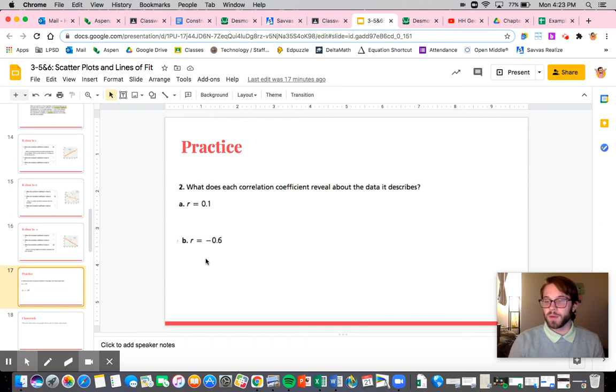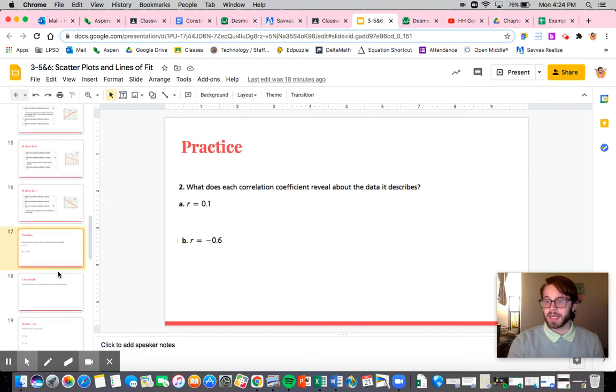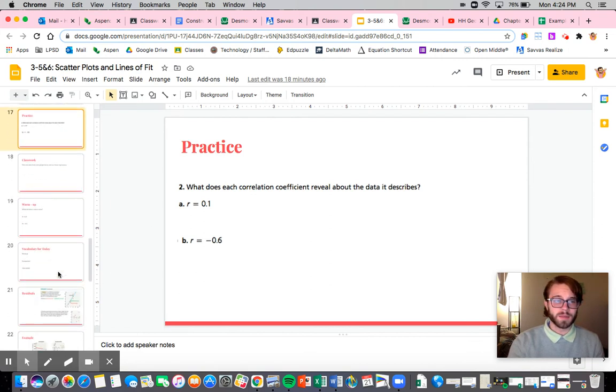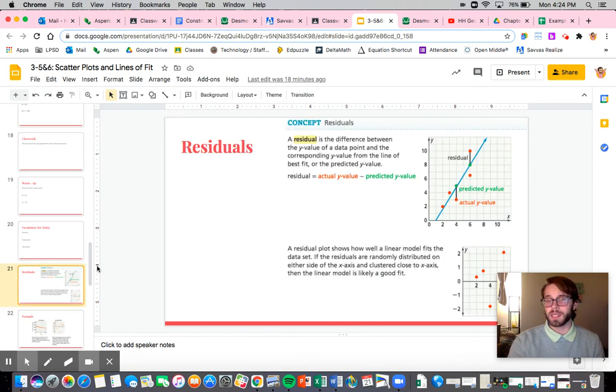But we don't want to fall too dangerously into that trap, because sometimes things don't even follow the sort of line that we're looking for. Sometimes things aren't even really aligned, they just look like they would be. And that's where our next piece of information comes in, something called residuals.